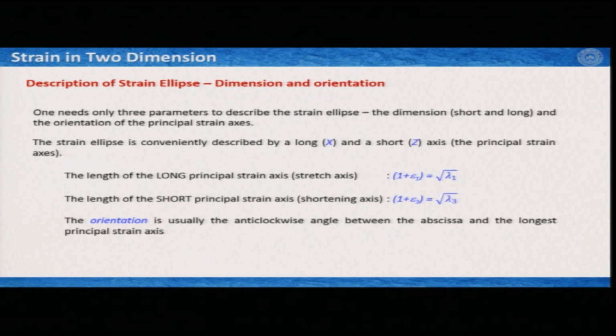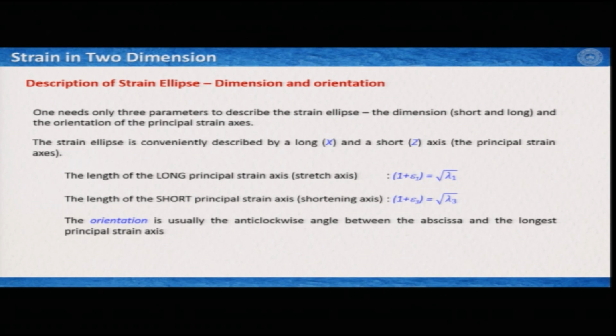So, 3 parameters are required to describe a strain ellipse: the dimensions, which are the long axis and short axis, and also the orientation of the principal strain axis. So, the strain ellipse is conveniently described by a long and short axis.